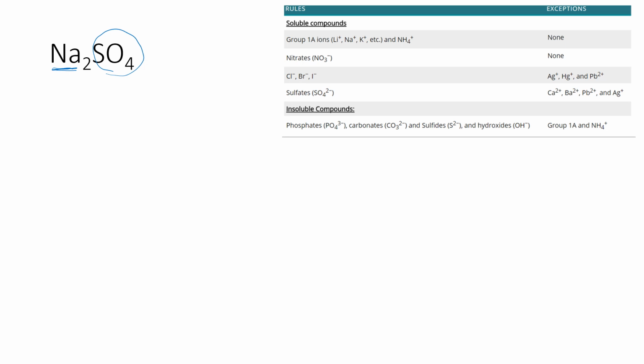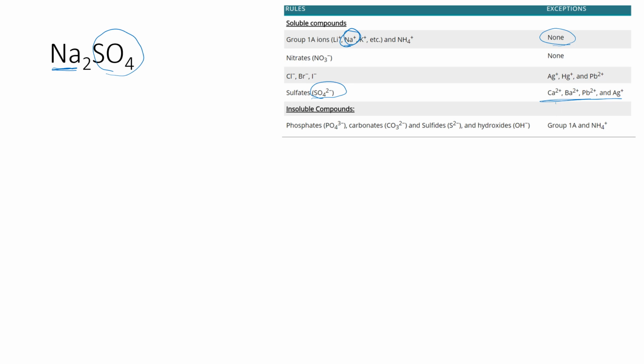We have to see if it is soluble. It contains sodium, which is a group 1A ion. So sodium is soluble, and no matter what it's attached to, there are no exceptions. But if we want to check sulfate, sulfate's usually soluble. Sodium is not one of the exceptions, so that does not contradict our first rule of it containing sodium.